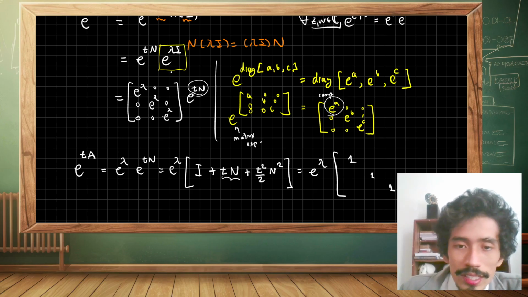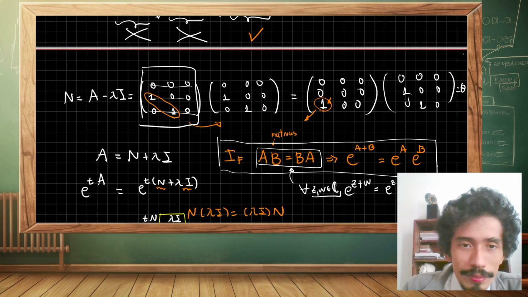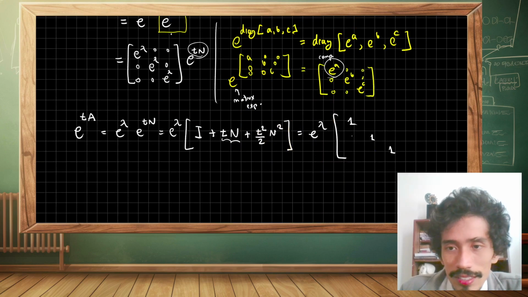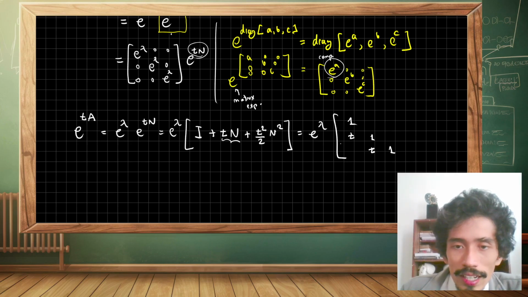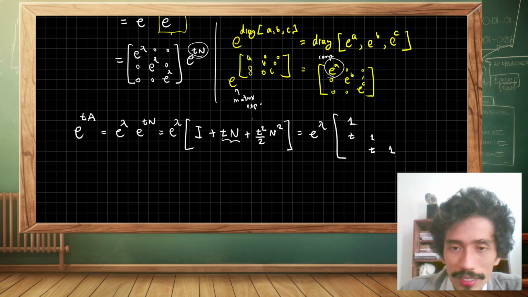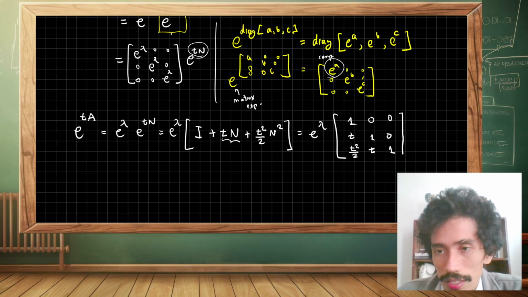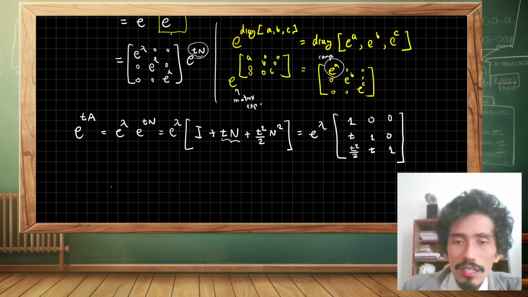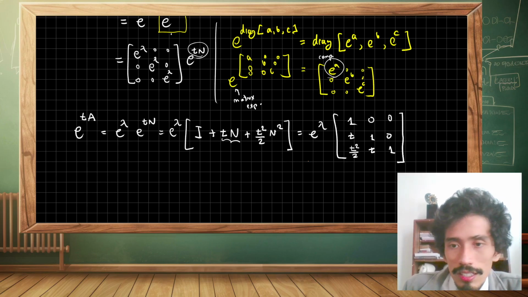You know that the nilpotent matrix is this one. This is the nilpotent matrix. So you can write t and t here, and the N squared is equal to a 1 in this position. So you multiply this one by this term, so you will have divided by 2 and 0, 0, 0 here. So the result is, no need to write it again, I think. This is the result.